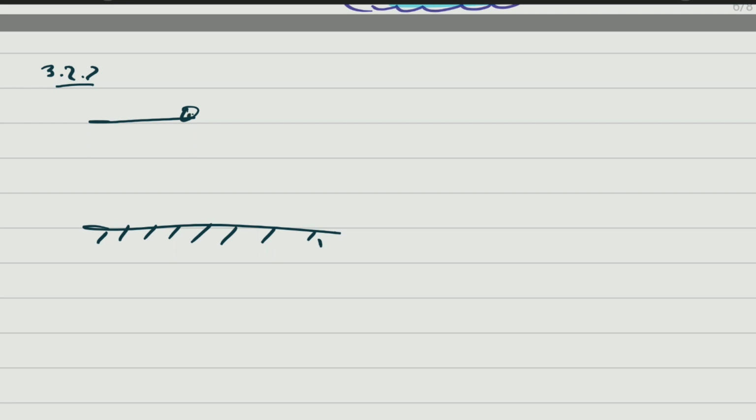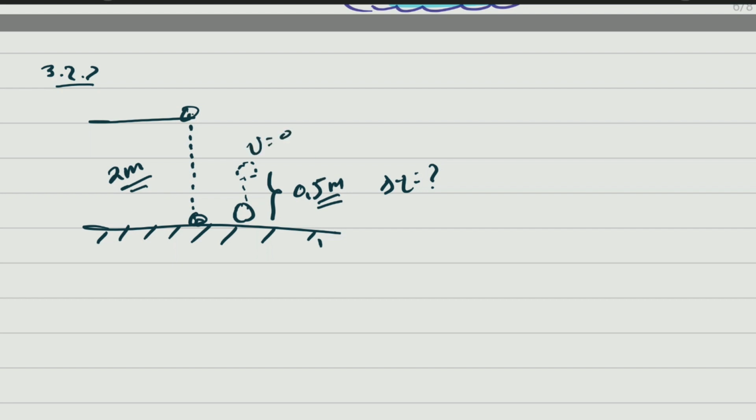This object is being dropped, and then at the ground the object bounces back. This one is 2 meters high, and the object bounces back to a height of 0.5 meters. They want to know how long it took to reach that point of 0.5 meters. Remember, here the velocity is going to be 0.